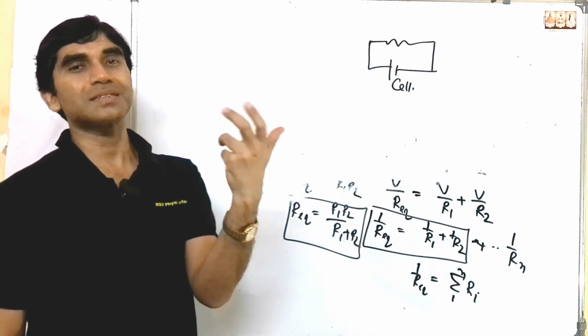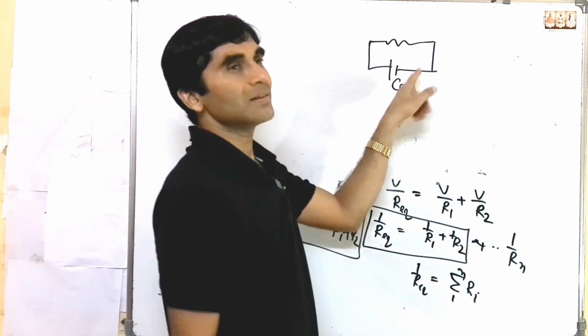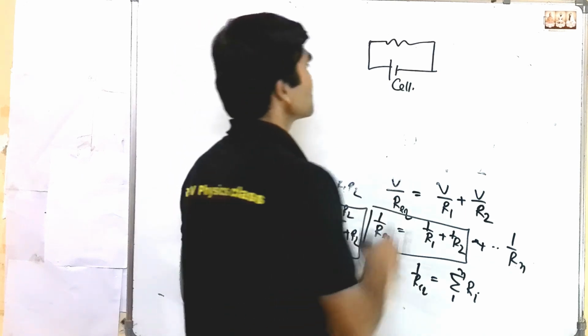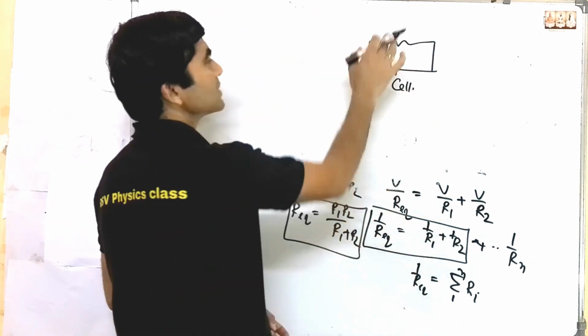Where is it coming from? From a cell or another power generator. For a small circuit, the power is coming from a cell.